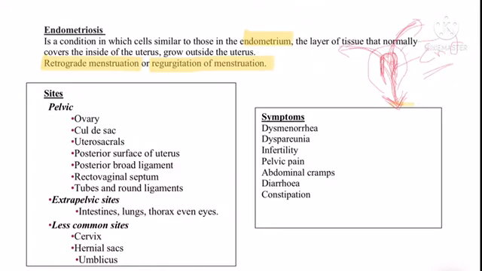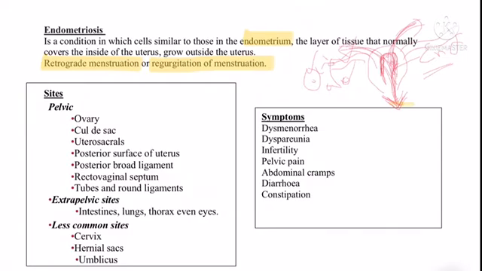It may go to the fallopian tube, and from the fallopian tube it may get stuck to the ovary, or may enter the peritoneum. All these places are what we call ectopic places, other than the uterus. So once you find some endometrial tissue here, it is what we call endometriosis.